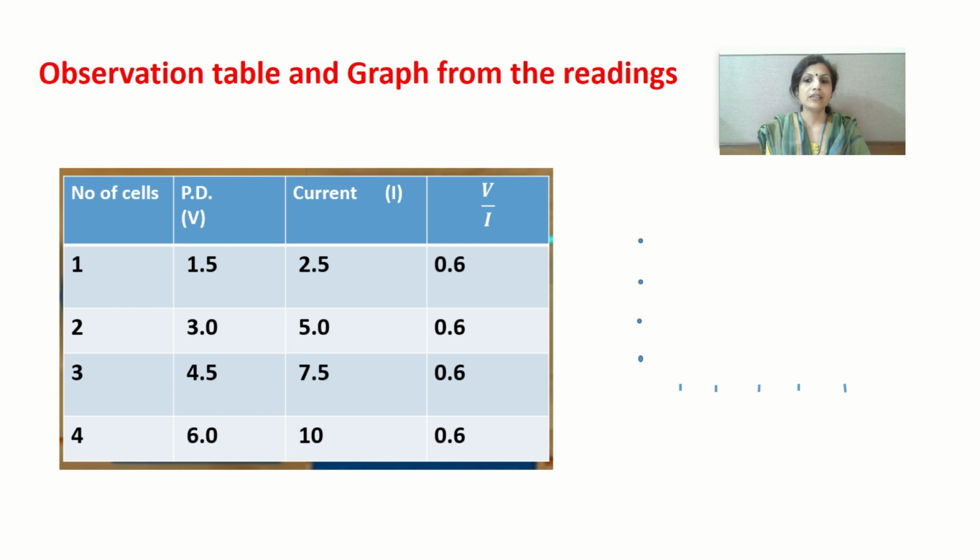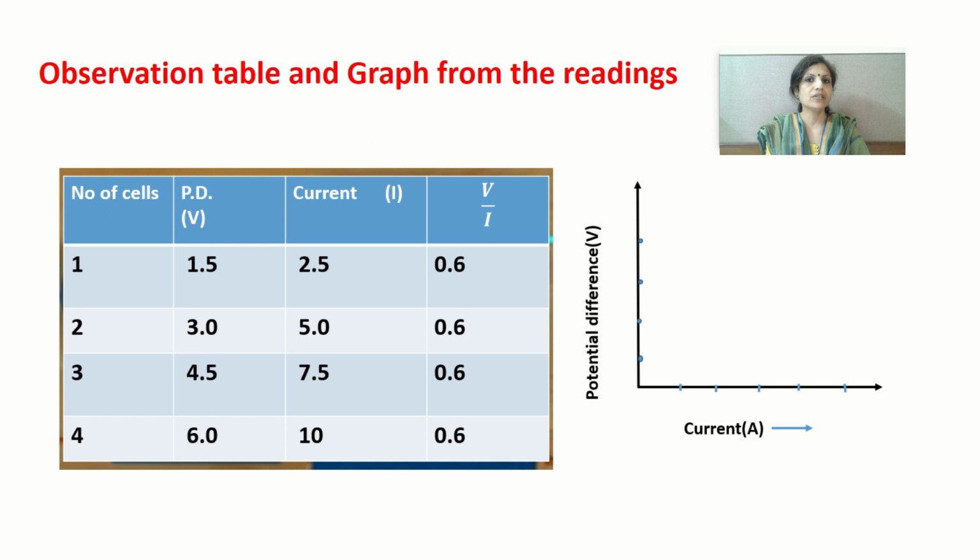Now these readings we will try plotting on the graph. For that we will consider the x-axis and y-axis. Along the x-axis we will take electric current, and along the y-axis we will write our readings of potential difference. Now for the current readings, I can write the scale as 0, 2.5, 5, 7.5, 10 and 12.5.